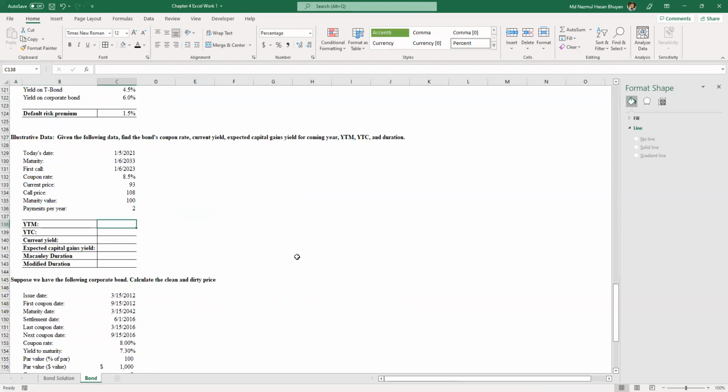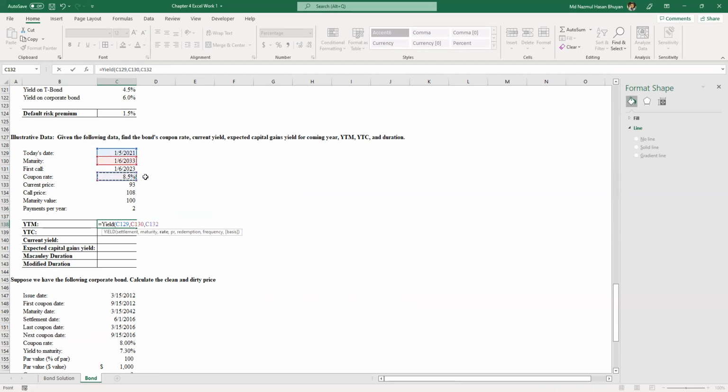Okay, now let us calculate YTM. Whenever you know a specific date at which you're going to invest and at which the bond investment will mature, you're going to use the yield formula to calculate YTM. So here, settlement date, and then maturity date, and then rate.